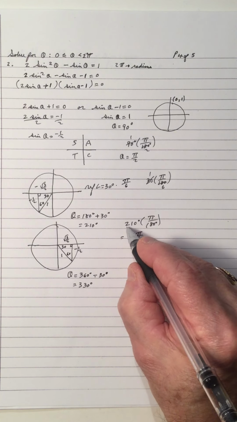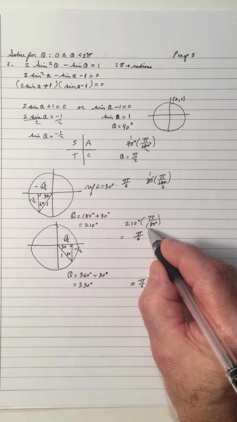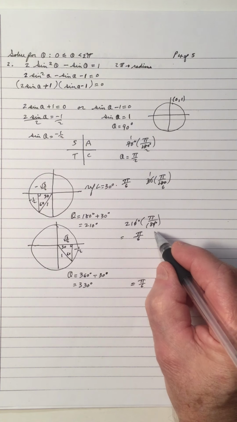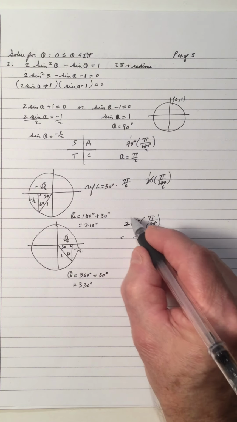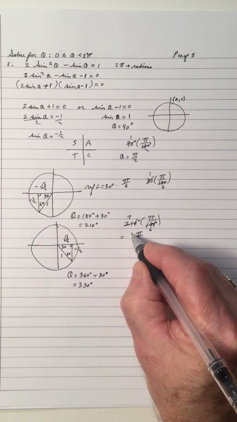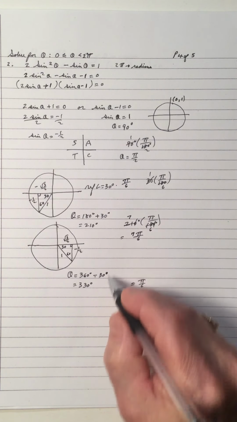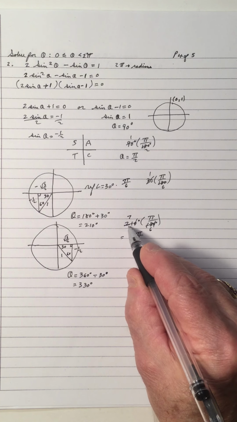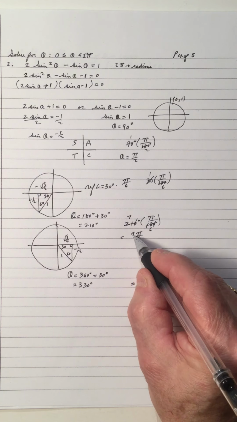And let's just check. 210 divided by 180, divide by 10, you get the zeros gone. 3 into 21 goes 7. 3 into 18 goes 6. So that becomes 7 pi over 6. Because the reference angle is 30, which is pi over 6, all the answers will have a pi over 6. So how many 30s are in 210? 7 of them.